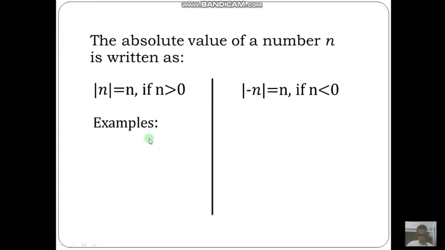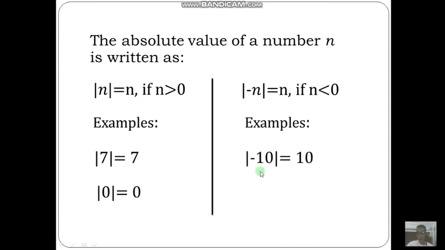So, examples. We have absolute value of 7, that is equal to 7. And then another, the absolute value of 0, that is equal to 0. Then the other side, the absolute value of negative 10 is equal to positive 10.